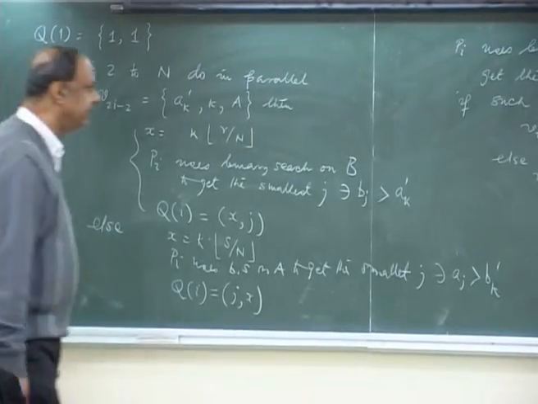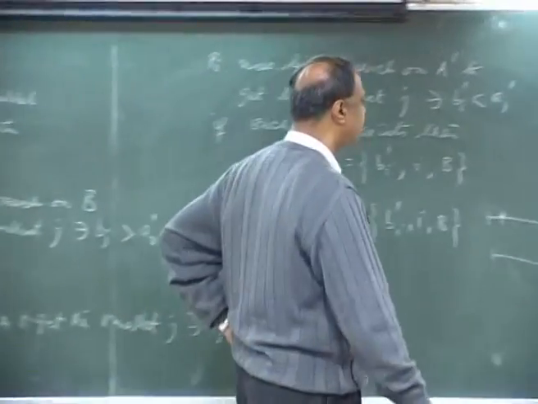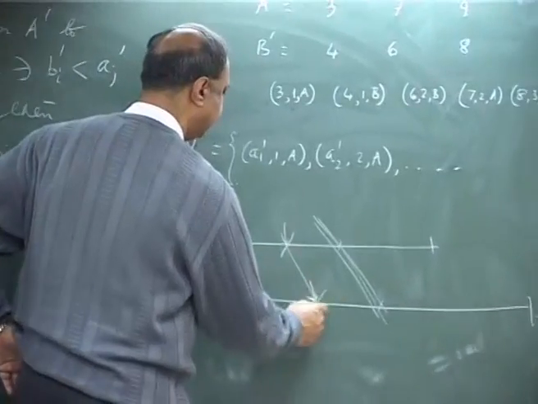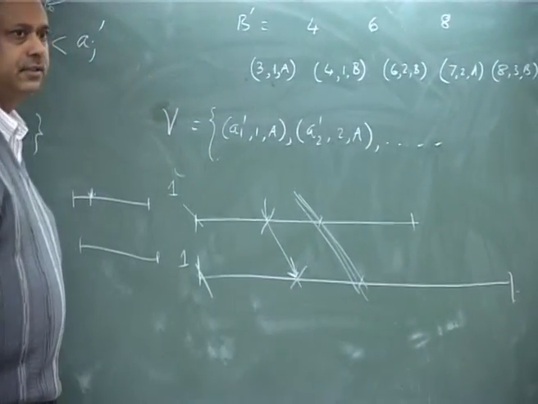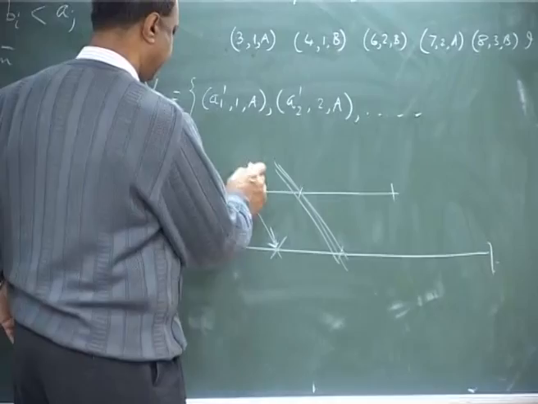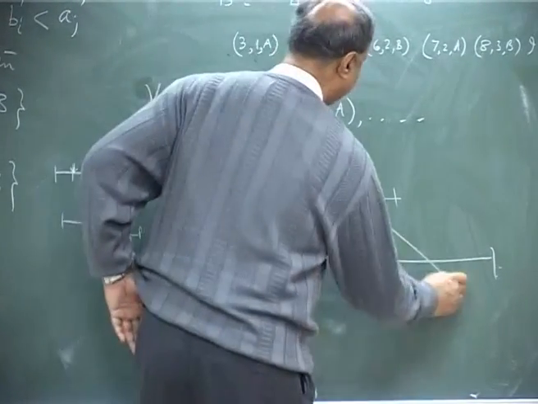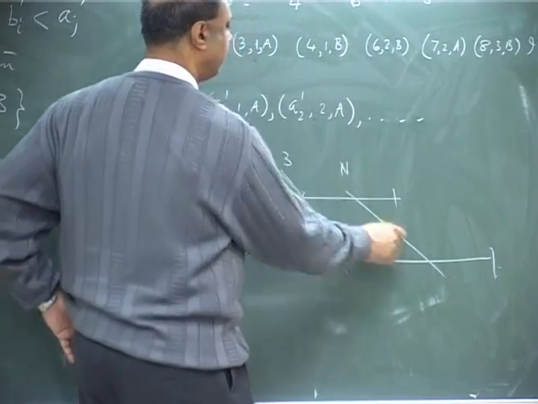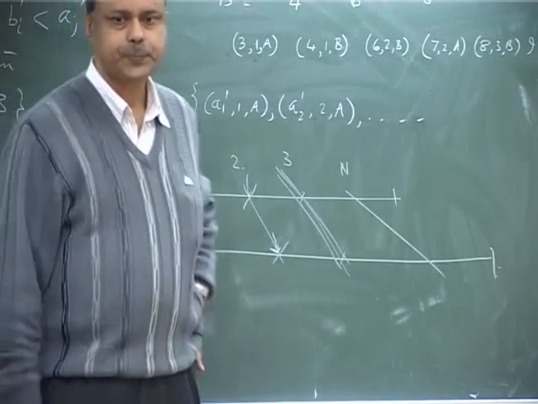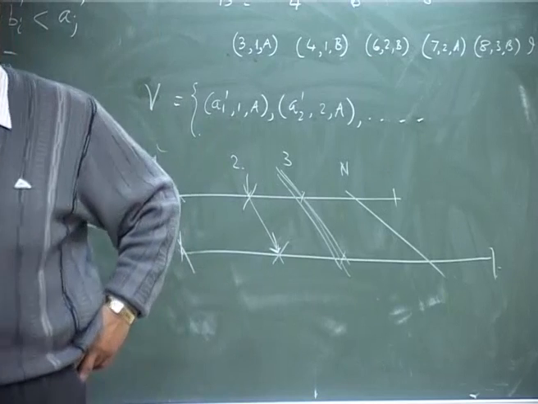So what it did basically, it has found this element and this element's position. Similarly P2 has done this, similarly P3 has also obtained this, and similarly Pn also obtained this. Agreed?